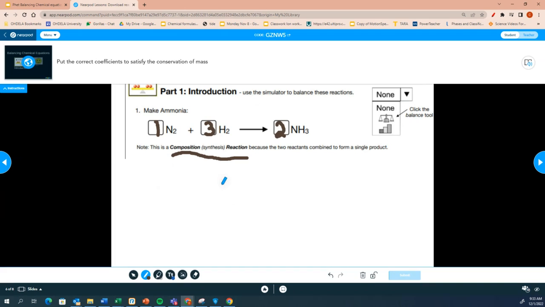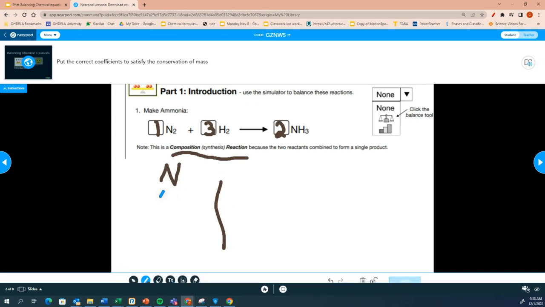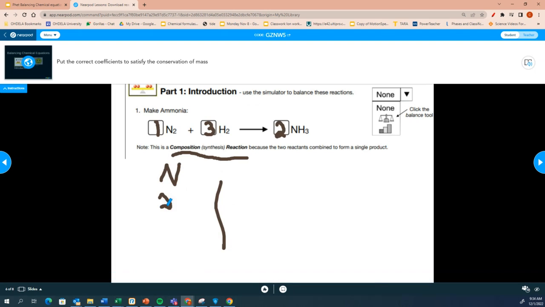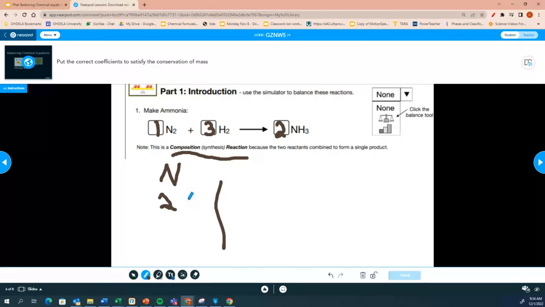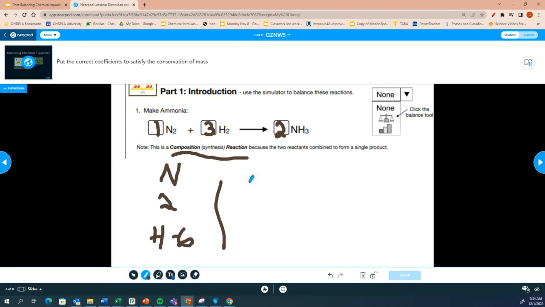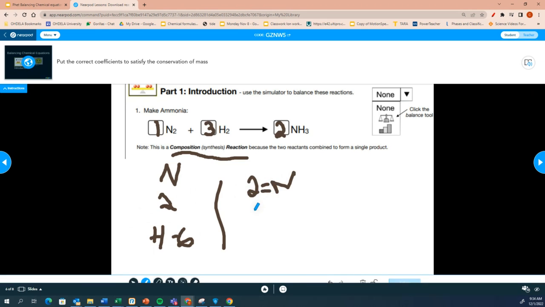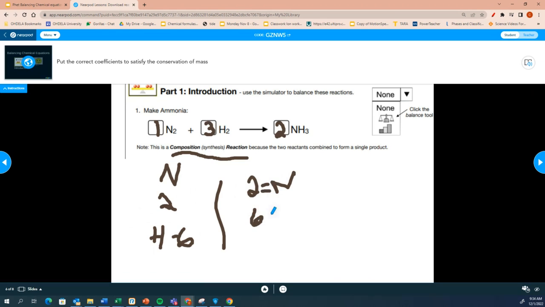If I look at this on the reactant side, I have 2 nitrogens and 6 hydrogens, and on this side I have 2 nitrogens and 6 hydrogens.